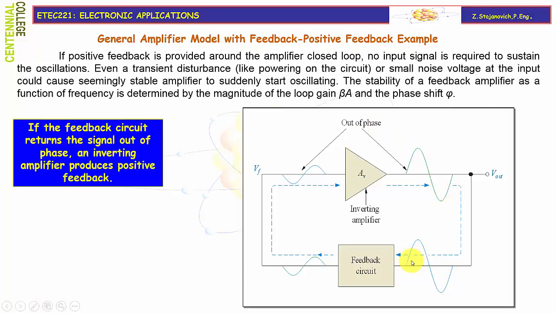So if you look at the picture, you will see that we don't have any specific input signal connected to the input of an amplifier, but there is a feedback circuit.